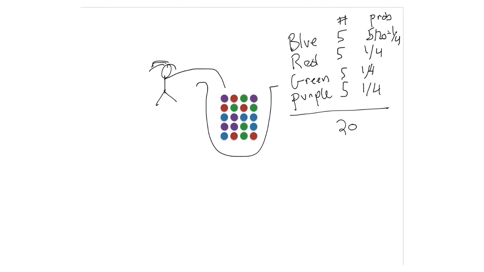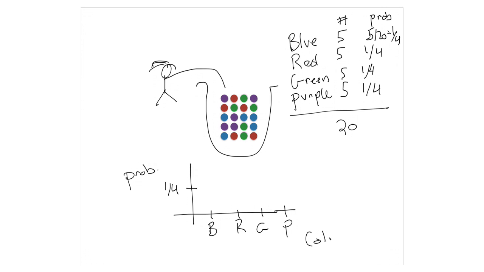So we can plot this over here, and so we have, let's say, blue here, red, green, and purple. Put 1/4 on the y-axis for the probability, and this is color on the x-axis. And each one of these will have 1/4 probability.